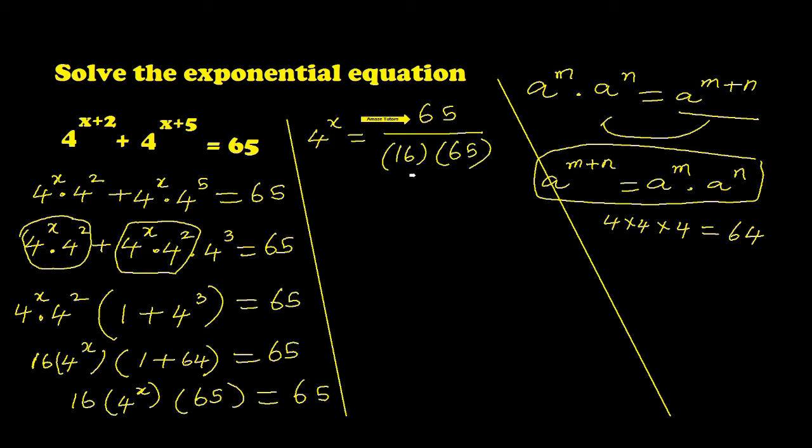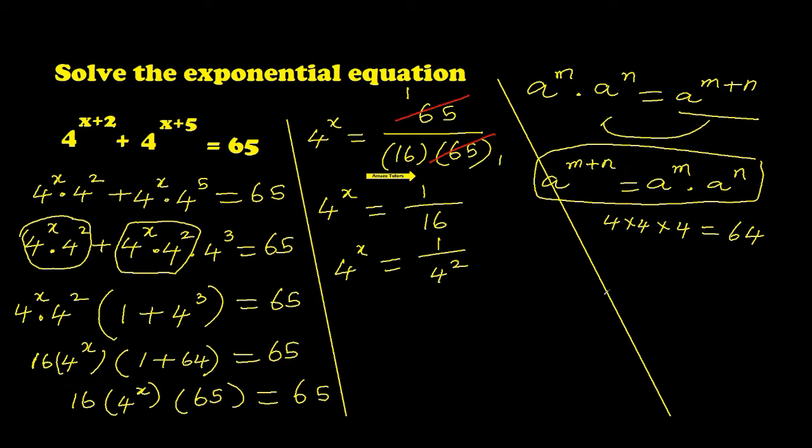It goes to the denominator. Now let me cancel out 65 and 65. We are left with only 16 in the bottom, because 1 here, 1 65 is 65. So 1 over 16. Now 16 is the same as 4 squared.